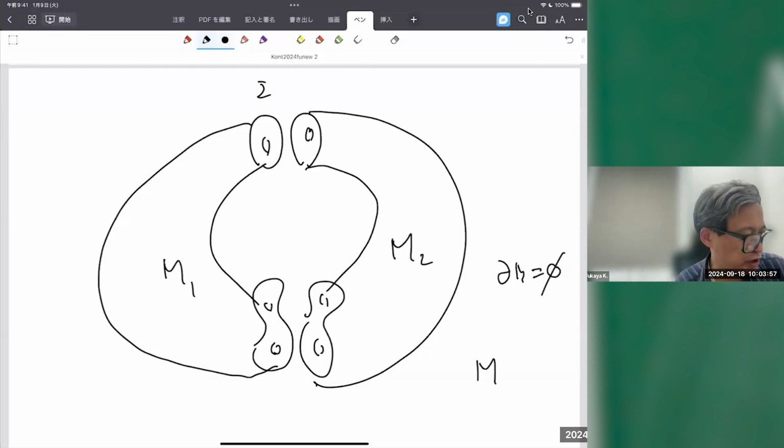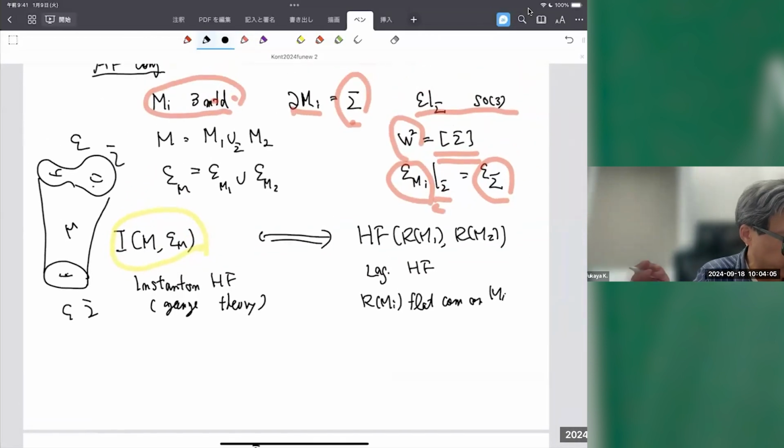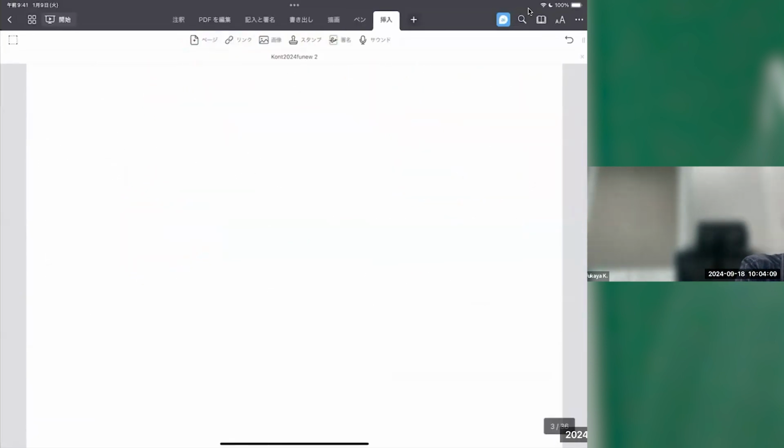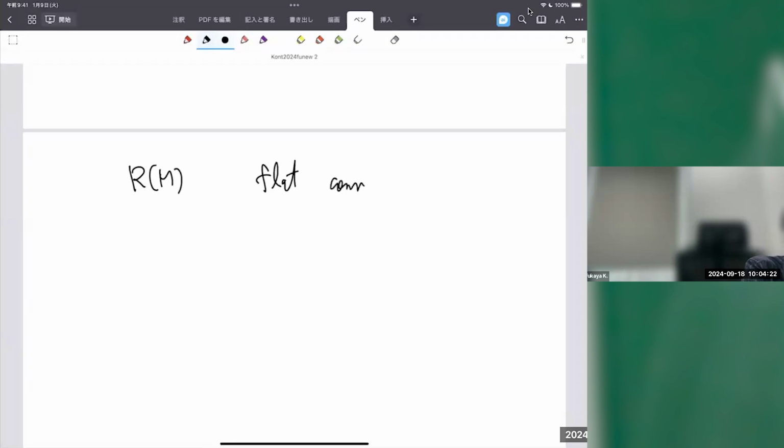So now we consider the instanton Floer homology of M with respect to this SO(3) bundle E. That's the following object. We first consider the space of flat connections on E over M. Typically, this is a finite set.